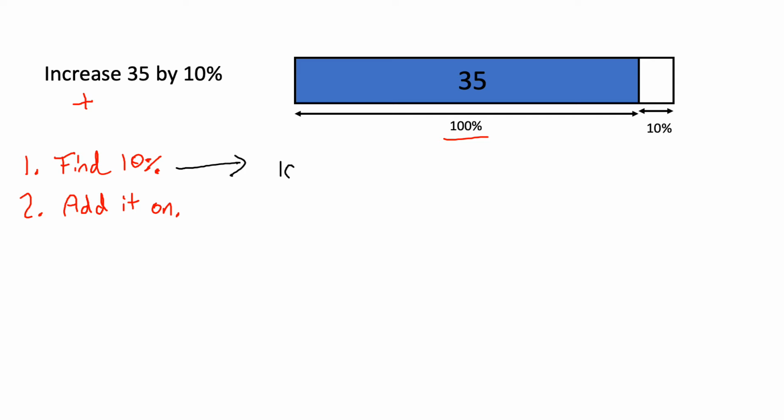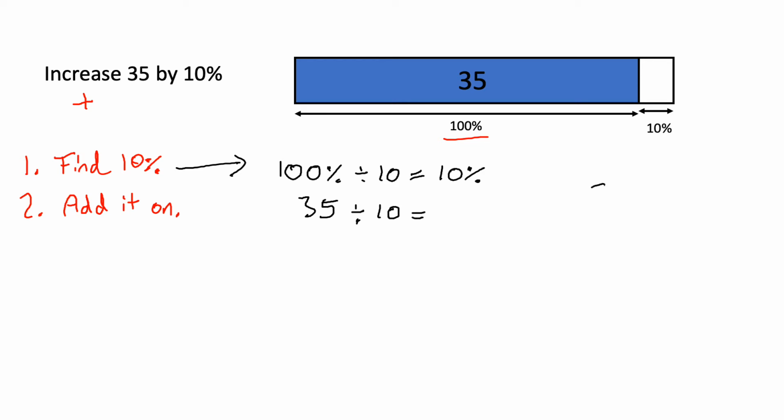We know that 100% divided by 10 will give us 10%. We divide by 10 to get 10%. We know that 100% is 35, so all we've got to do is divide that by 10 to get 10%.